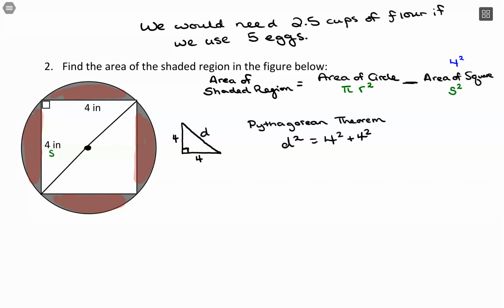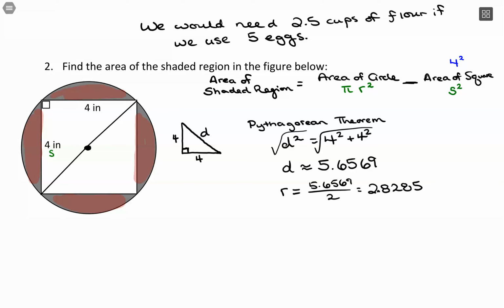So we should end up with, if we take the square root of this, a diameter of about, and we'll go to 4 decimal places for accuracy here, 5.6569. So with that, then I could get the radius out, and the radius should be taking that 5.6569 and dividing it in half, which will be 2.8285.